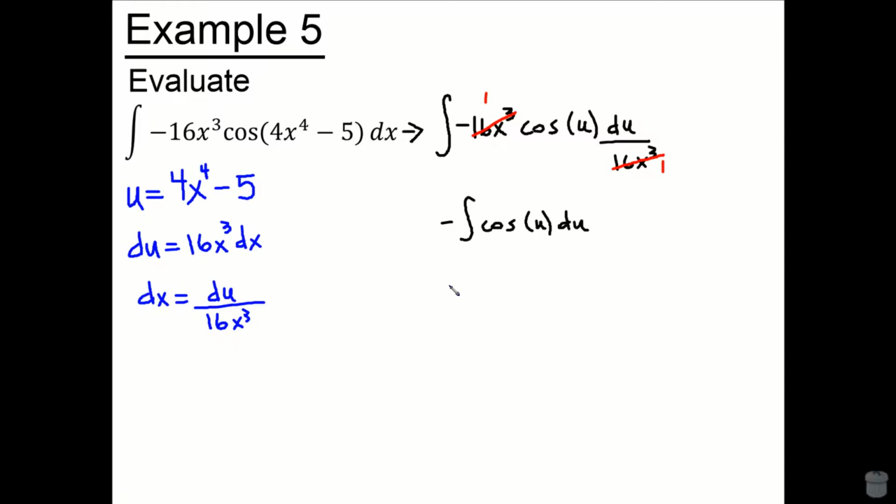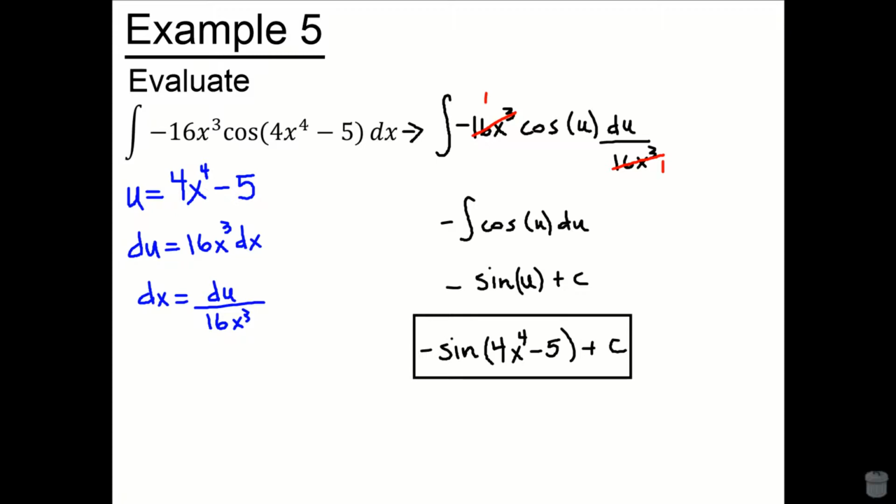So this is negative sine of u plus our constant. Again, replace the x back in for the u. We get negative sine of 4x to the fourth power minus 5 plus our constant. And that there is the final answer.